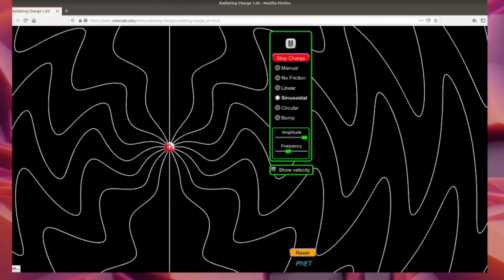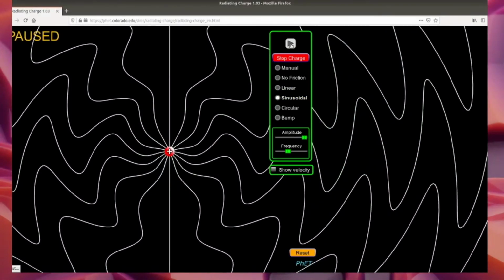Now I'm going to pause it. Now I want you to notice what will happen. As you move away, these kinks will start to overlap. So this line of the electric field, this line, and this line will come closer and closer to each other until eventually they turn into one full line. So we're going to end up with one long line here, and that's going to loop around, come back up, and you're going to have a loop here.